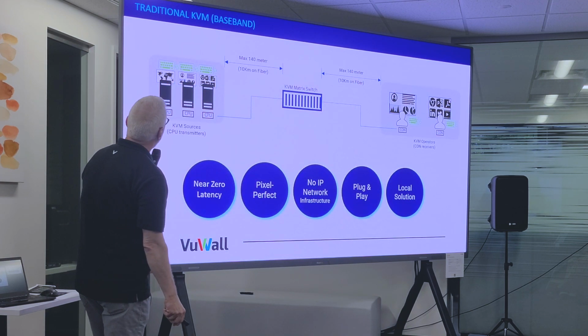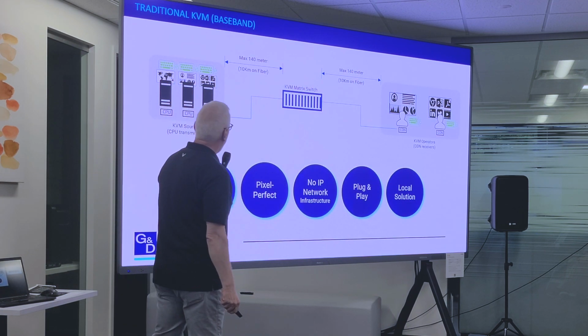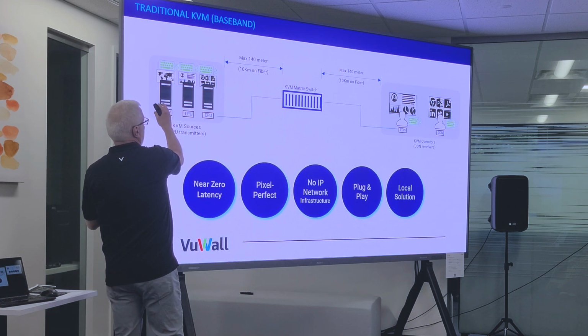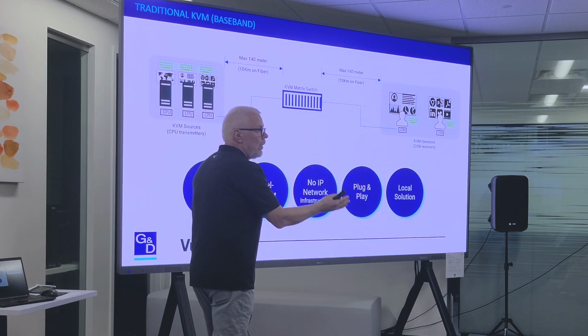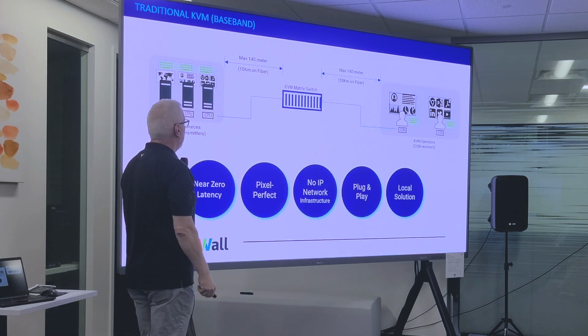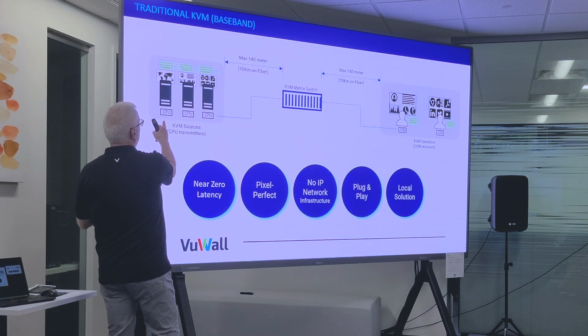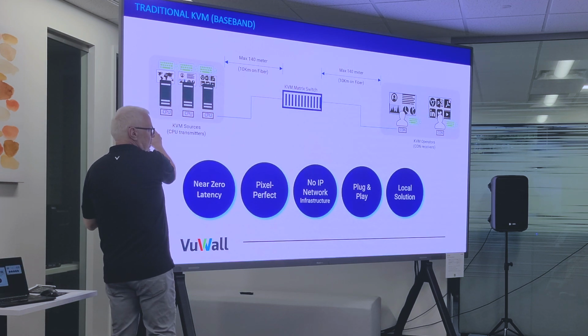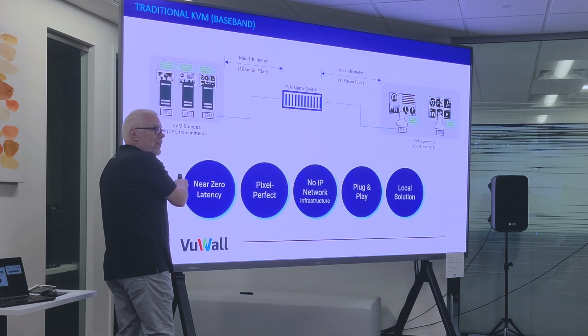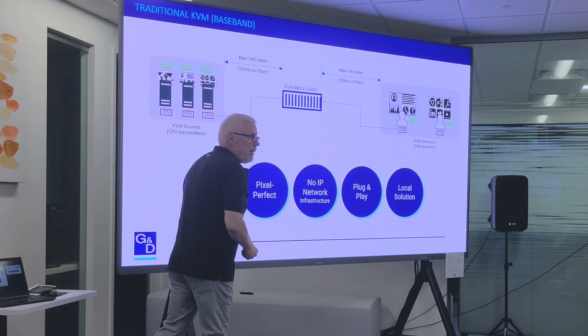So first of all, the traditional KVM, how does that work? You have the source computers here, and you have the operators who want to access any of those source computers. Any source computer is connected to a little module, a transmitter, that transmits the video, keyboard, and mouse signals to the KVM matrix switch.